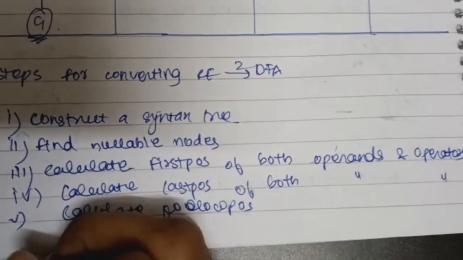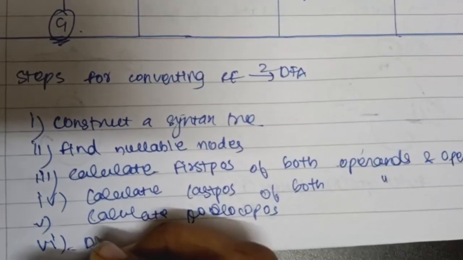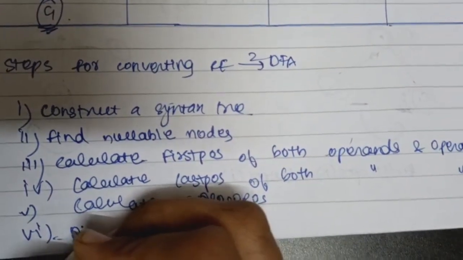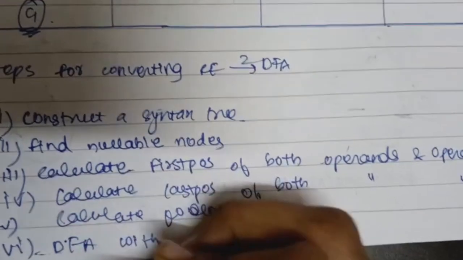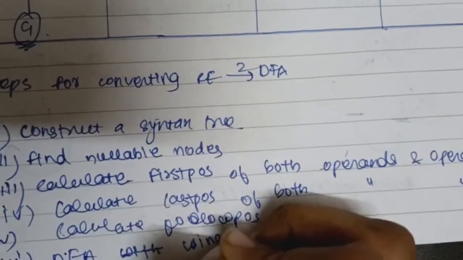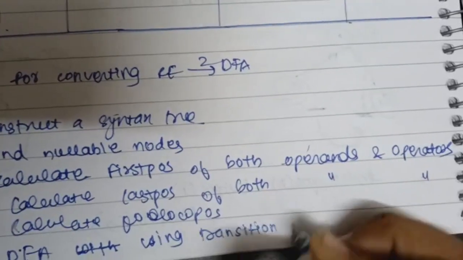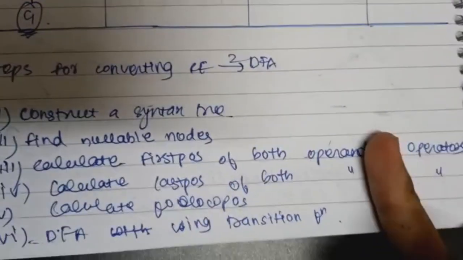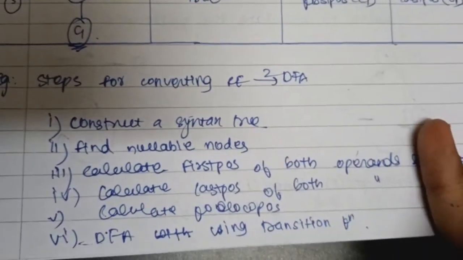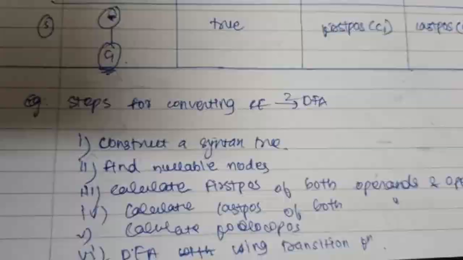And in the last step, you need to calculate the transition table, or let's say the DFA, using transition functions. Using the transition functions, we will derive the transition table, and from the transition table we will draw the DFA. Then let's understand the steps using an example.